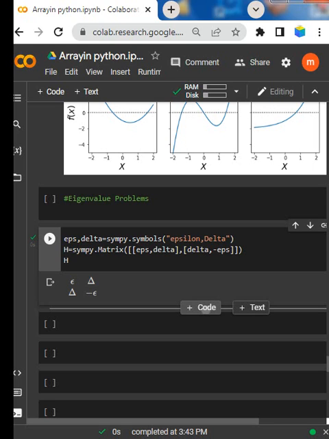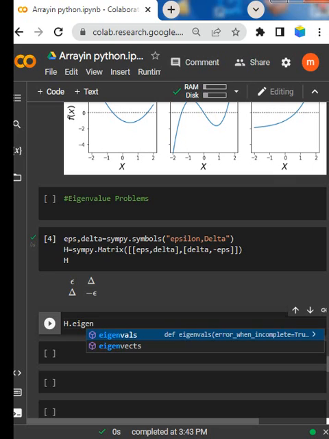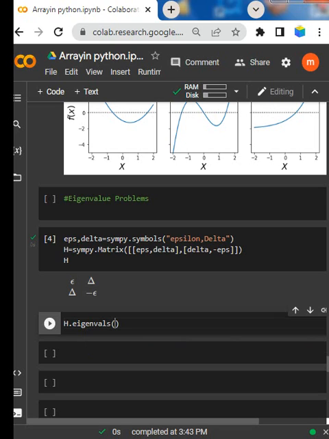Now I am going to write here H eigen. Here, epsilon and delta represent the first row, and delta and minus epsilon another row. H.eigenvals gives the eigenvalues and another method gives the eigenvectors.